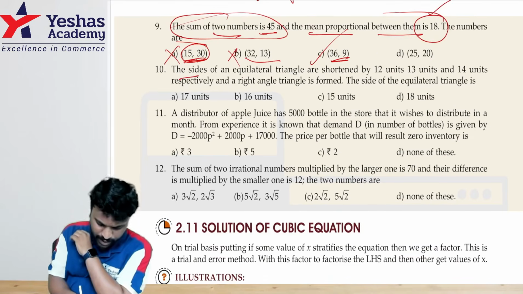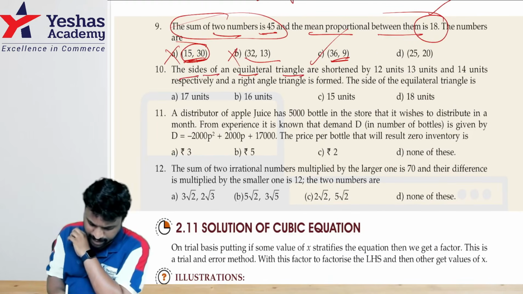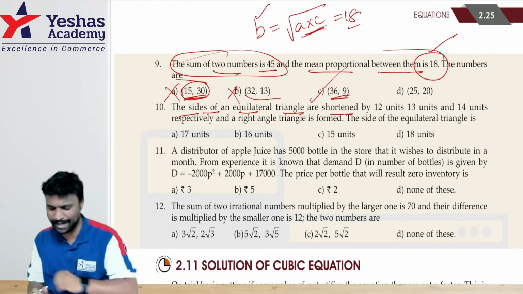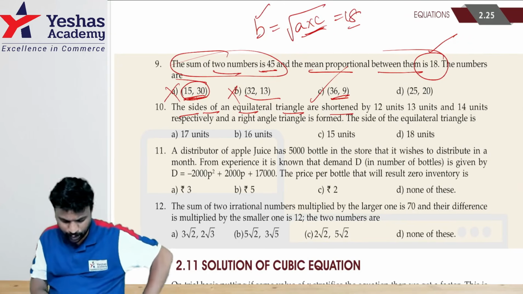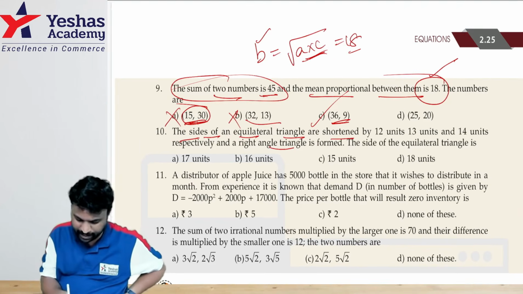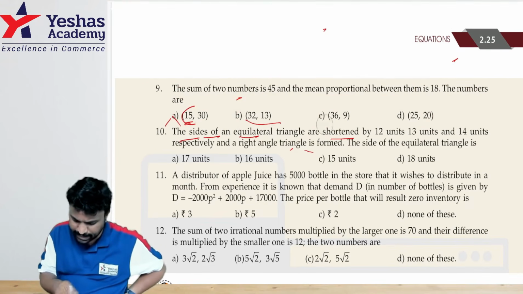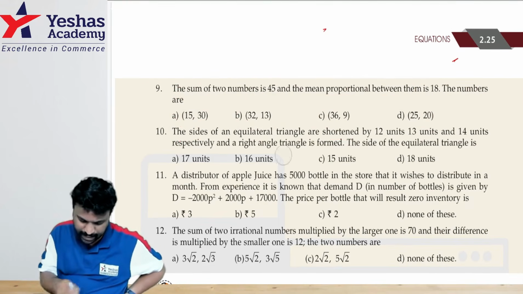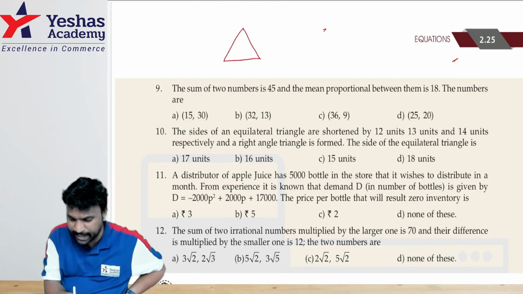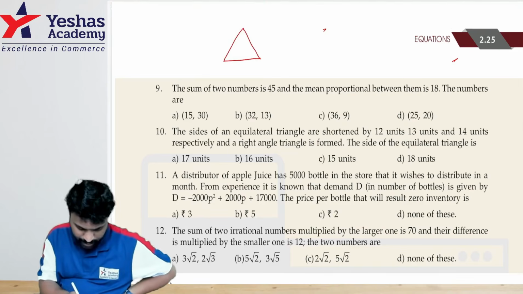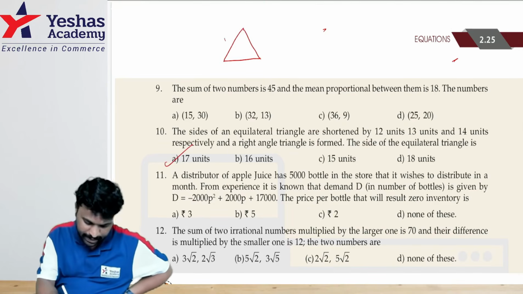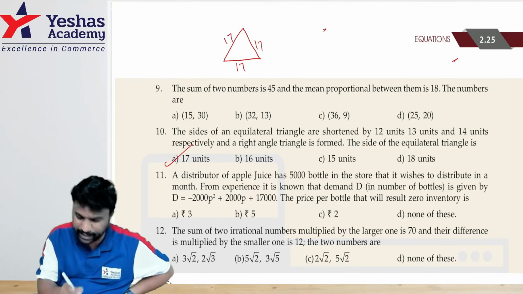Moving on to the next question. The sides of an equilateral triangle are shortened by 12 units, 13 units and 14 units respectively, and a right angle triangle is formed. They're asking the side of the equilateral triangle. First of all, an equilateral triangle is a triangle where all the sides are equal. So, assuming the first option where the length of each side is 17, 17, 17.